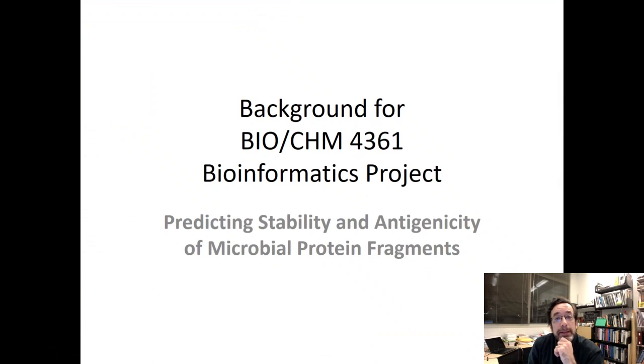It's a bioinformatics project that we're doing entirely on the computer, and we're going to predict two things: stability and antigenicity of microbial protein fragments. By stability, we just mean how well the protein folds: it doesn't precipitate, it's well formed in solution, it behaves itself so that we can do biochemical tests on it. By antigenicity, all I mean is that antibodies can bind it.